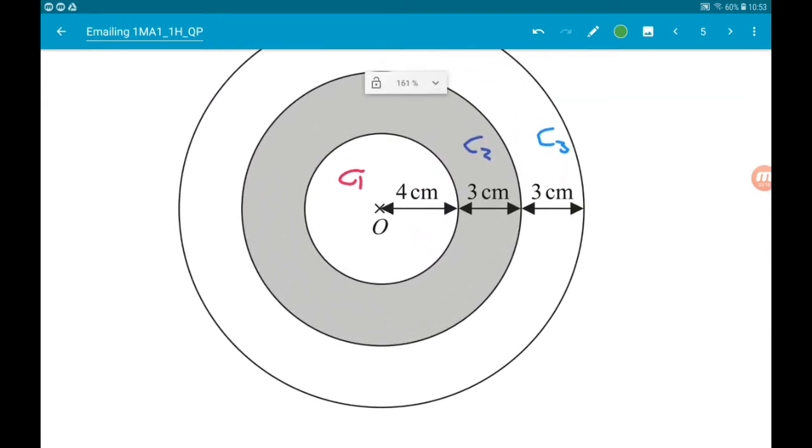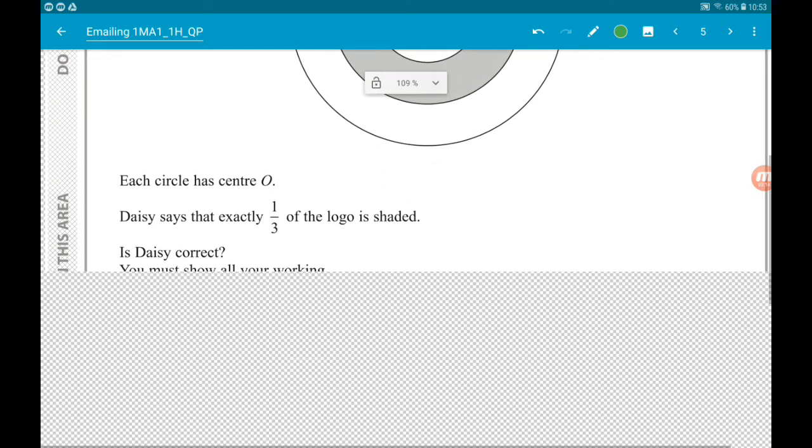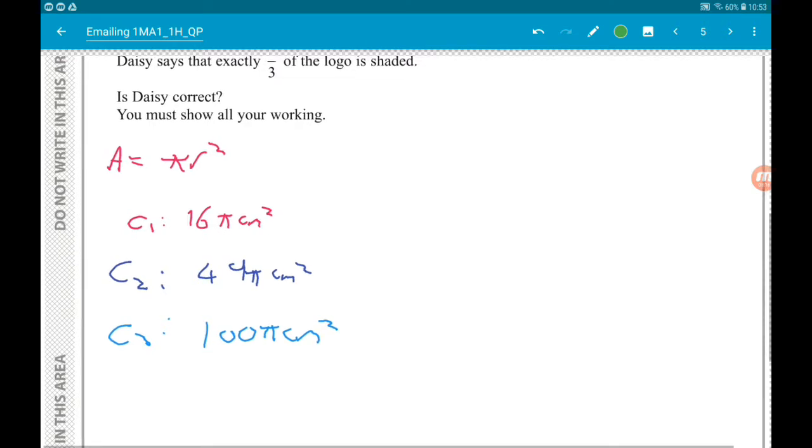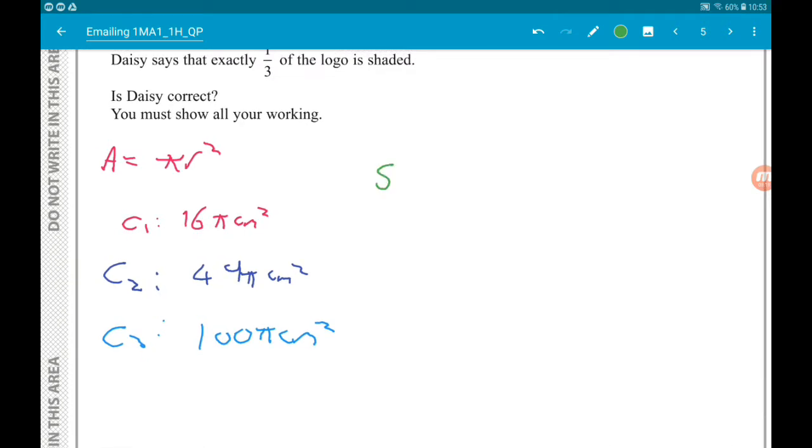It's C2 minus C1. So the shaded area is 49 pi minus 16 pi, which is 33 pi centimetre squared.